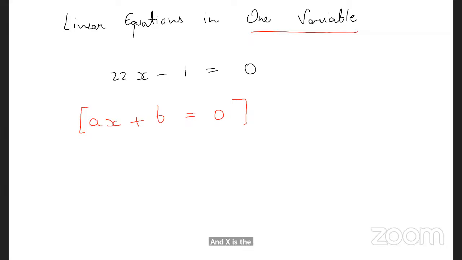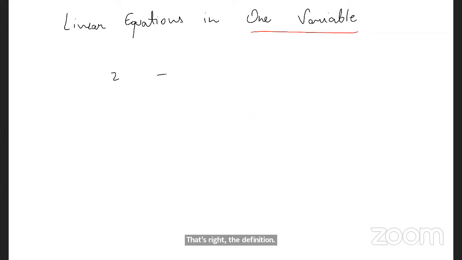Okay, so let's write the definition of it. A linear equation is basically, like I said, an equation which has a maximum of one variable, or only one variable of order 1. Now, it is in the form of ax plus b equals to 0. So, you can write it down.